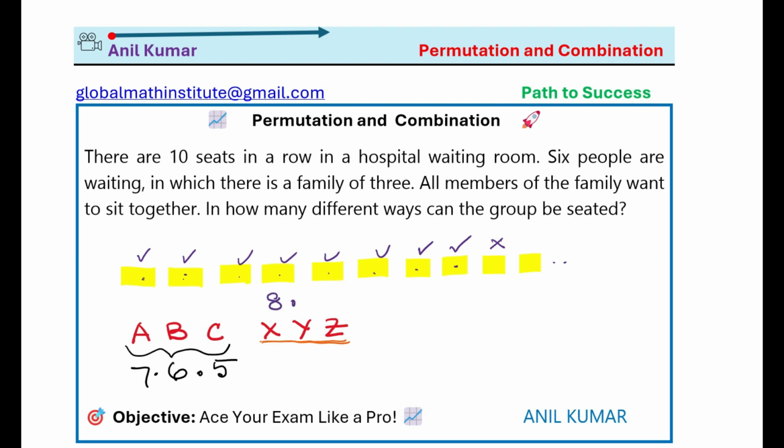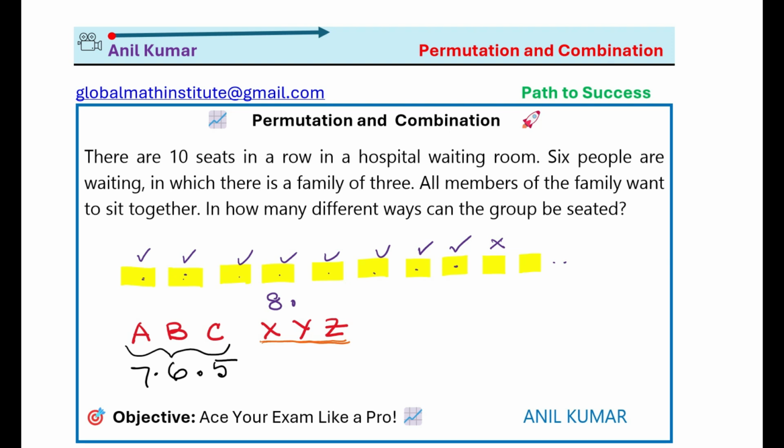Now, that is perfectly fine. For each position of this group, the other 3 could have 7 times 6 times 5. Now, there is one more thing: the family members could also change their positions among themselves. So it could be XYZ, XZY, YXZ, YZX, ZXY, ZYX.